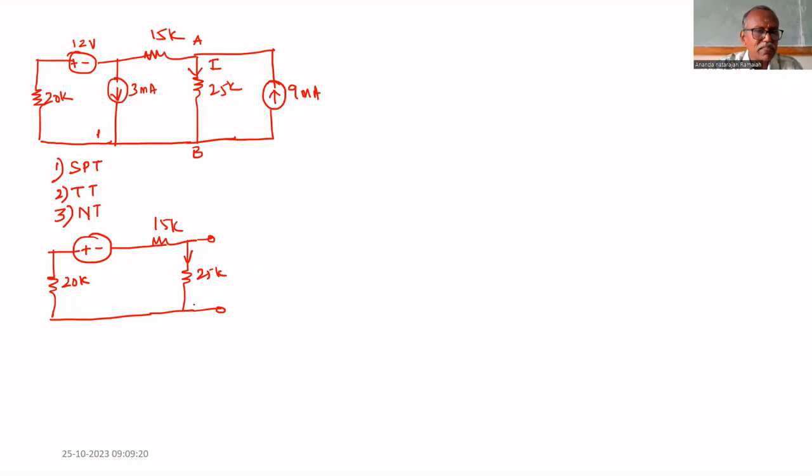The current direction will be this way, opposite to the given direction, which is positive. But the actual direction is this way, because this is the positive terminal. That's why this is the actual direction.